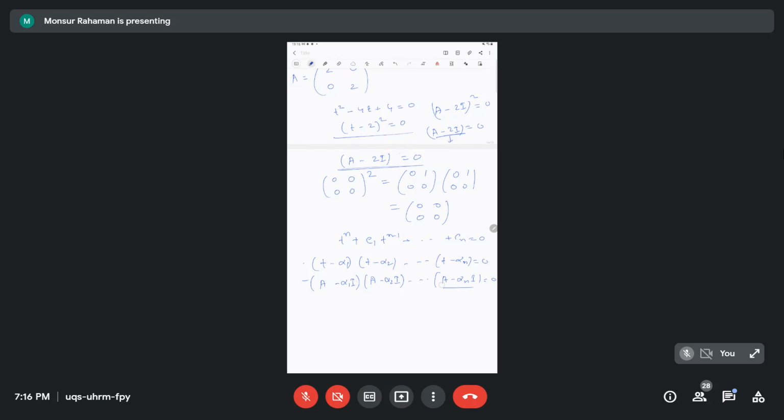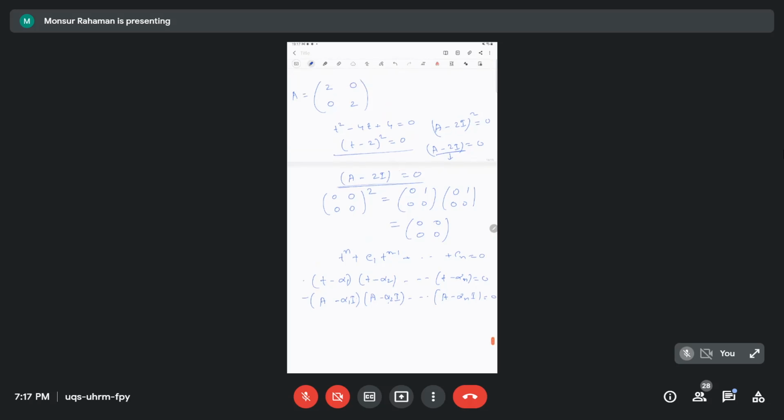If some roots are the same, only one can be deleted, but not always. For one matrix with the double root, (t minus 2) and (t minus 2), you cannot delete anything; you need both factors multiplied to make it 0.